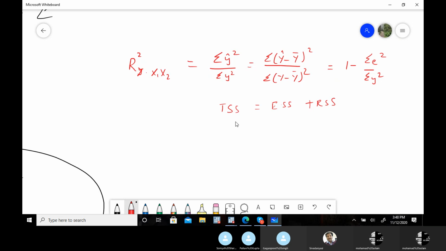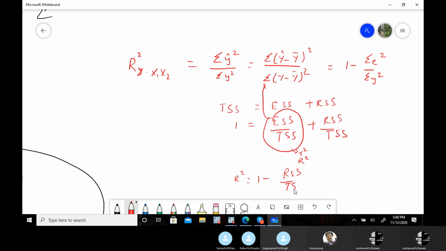If you divide this equation by the total sum of squares, this is actually R square, or in the multivariate case, R square. So 1 minus R square equals RSS upon TSS. This is another way of using R square. You can use any of these methods.